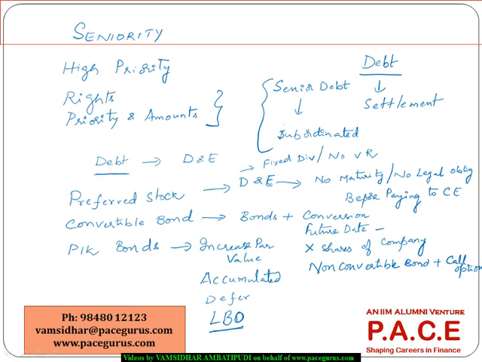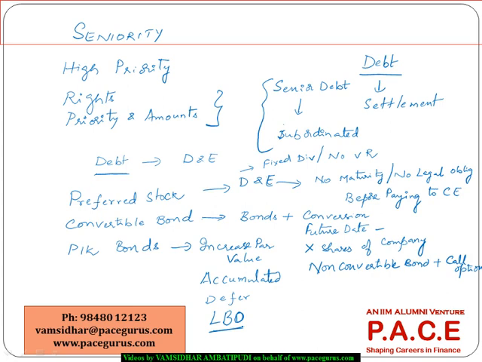increasing the par value of the bond. So all these kinds of instruments have risk which is in between that of debt and equity. So their settlement-wise also, they will get settled somewhere in between the debt and the equity investors.